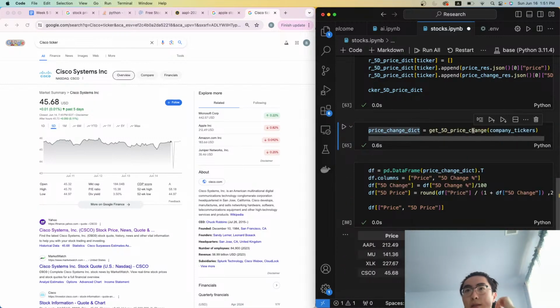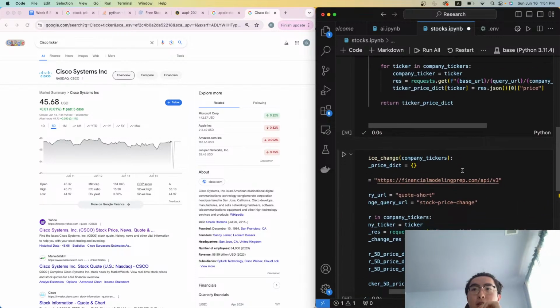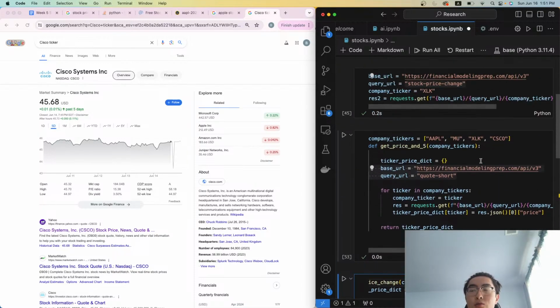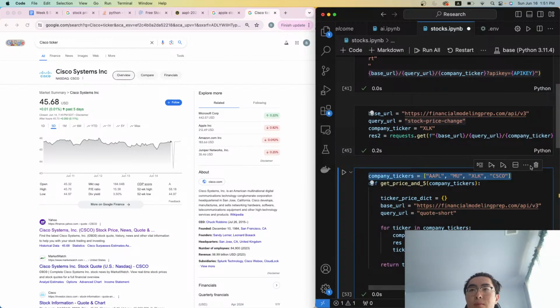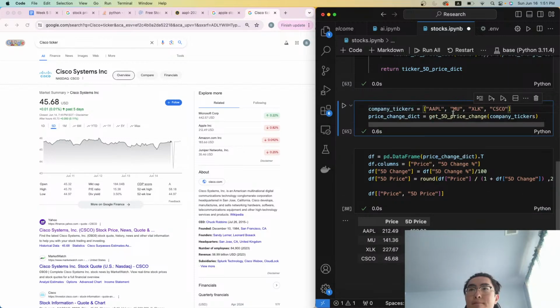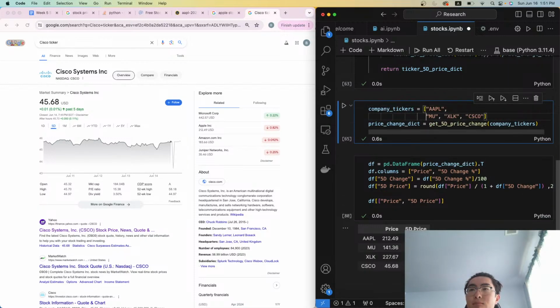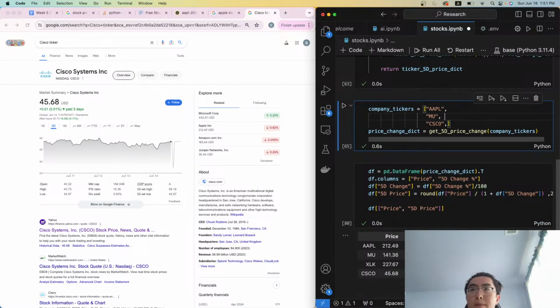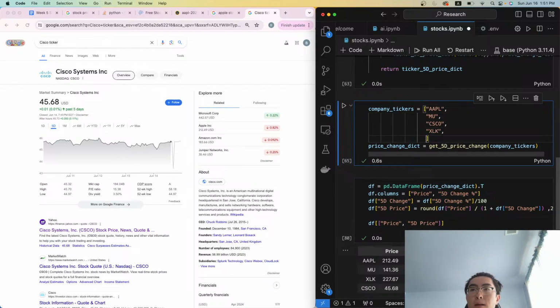Don't need this. Okay, so let's just increase the tickers then. I believe we don't need this either. Okay. Yeah, maybe it'll be helpful if I do this.